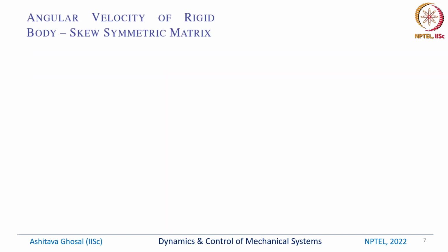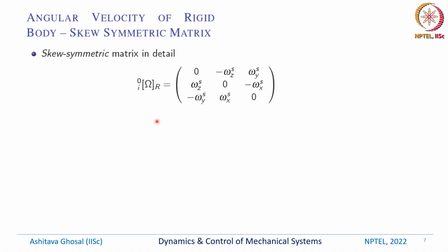So let's continue. I'm going to show you that the angular velocity of a rigid body and the skew-symmetric matrix are intimately related. The skew-symmetric matrix 0 I capital Omega R can be written in the general form of any skew-symmetric matrix, where the diagonal elements are 0.